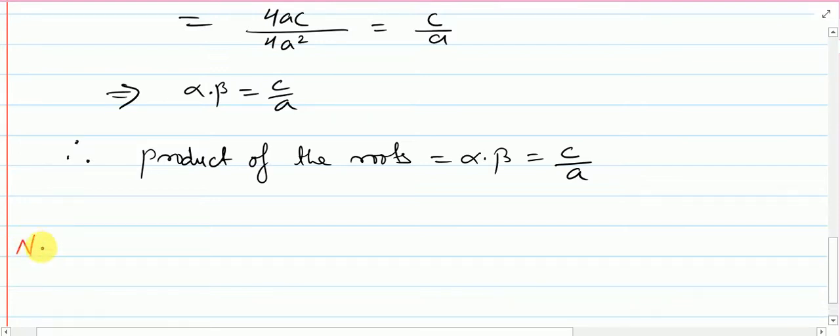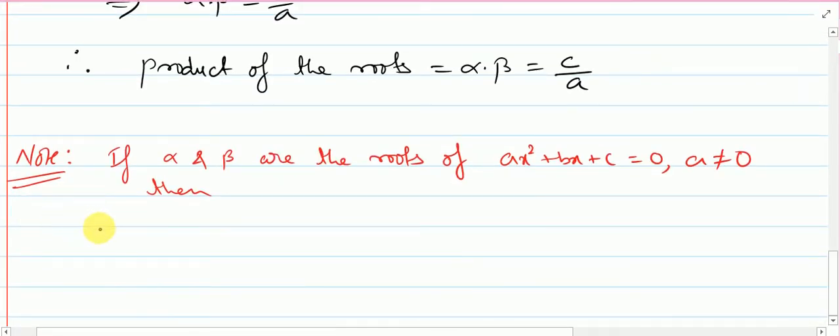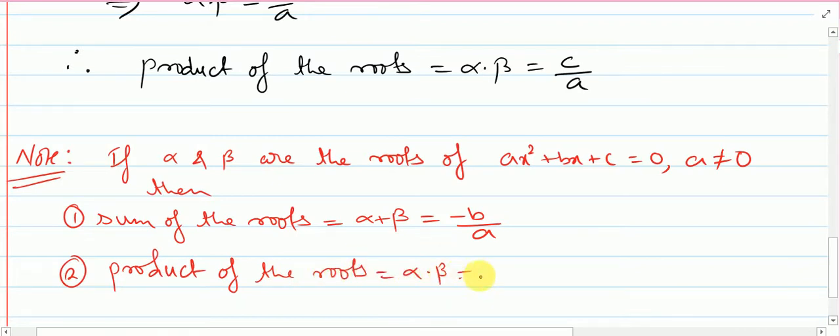Now you can write, note, if alpha and beta are the roots of ax square plus bx plus c equal to 0, where a is not equal to 0, then number 1, sum of the roots will be equal to this, which implies minus b upon a, and number 2, product of the roots, which will be alpha into beta, that will be c by a.